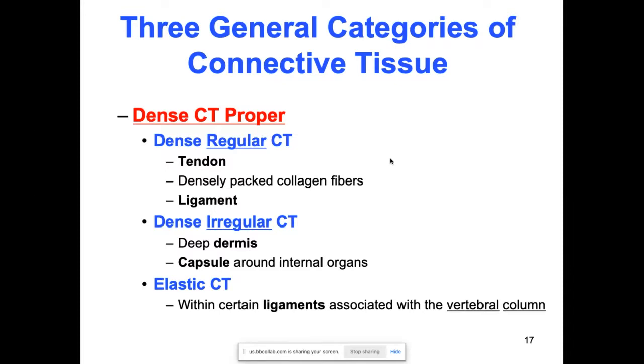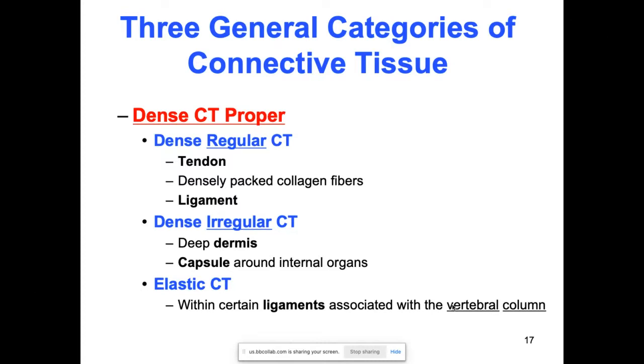Okay. So we have dense connective tissue. We have dense regular, dense irregular, and elastic connective tissue. The elastic, as I said, this type of ligament attaches to the spinal column, and your spinal column is very flexible.